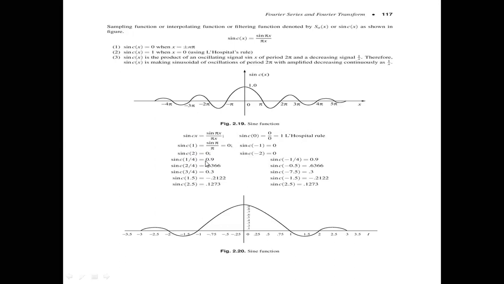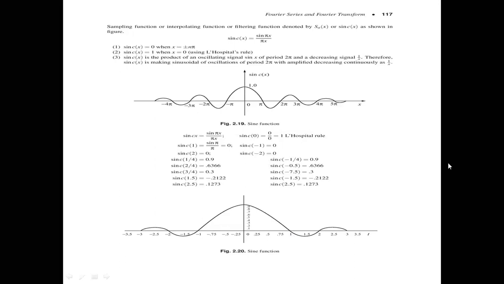And for sinc 1 by 4, 2 by 4, 3 by 4, the values are 0.9, and so on. So sinc 1 is 0, sinc 2 is 0, sinc minus 1 is 0, sinc minus 2 is also 0. Simply substitute into sinc x is equal to sin pi x by pi x.